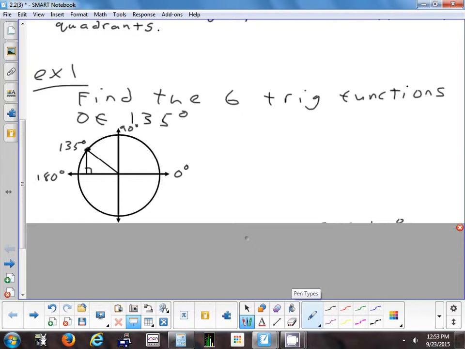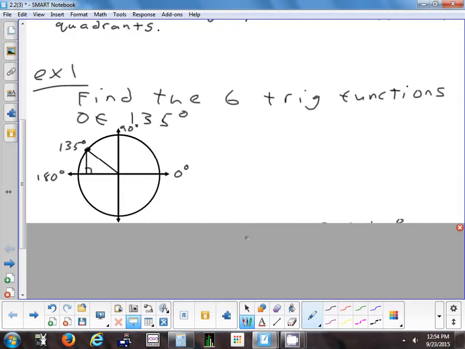Earlier we said that this is the 45, 45, 90 triangle. If you weren't sure which one it is, look at the difference between 90 and 135. What do you add to 90 to get to 135? 45. So this part on the outside is 45.